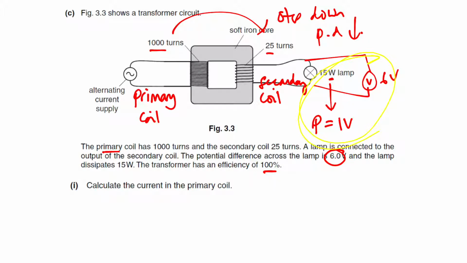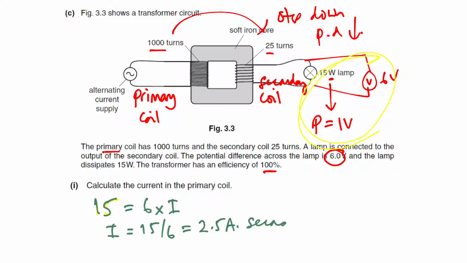We know the power in the secondary coil is 15, and we know the voltage, or potential difference, 6. Then we can find the current in the secondary coil: 15 divided by 6. I think that's about 2.5 amps in the secondary. But of course we want to find it in the primary still.